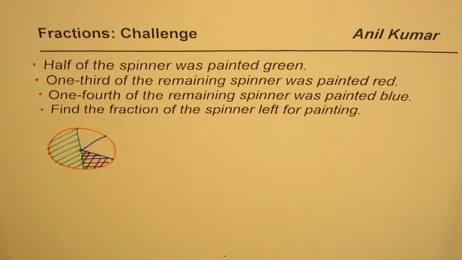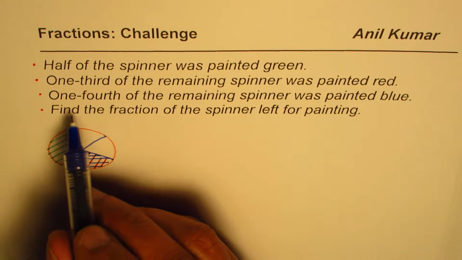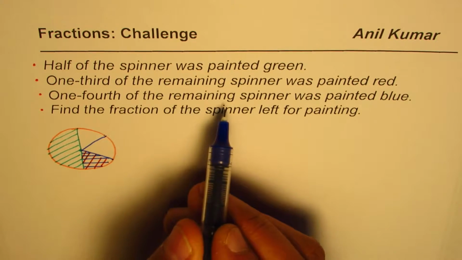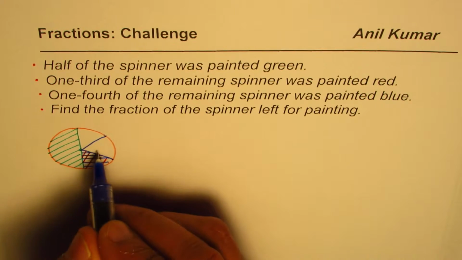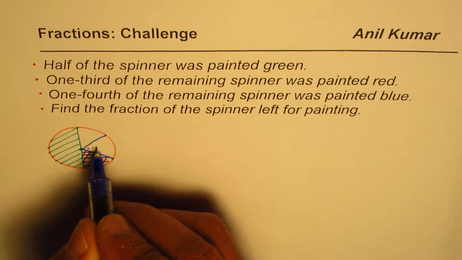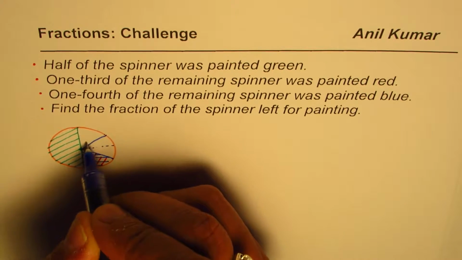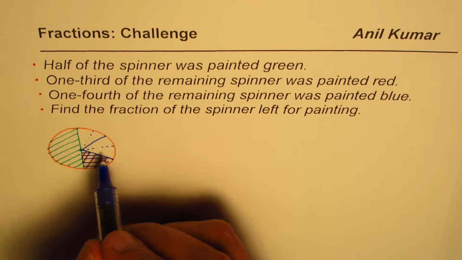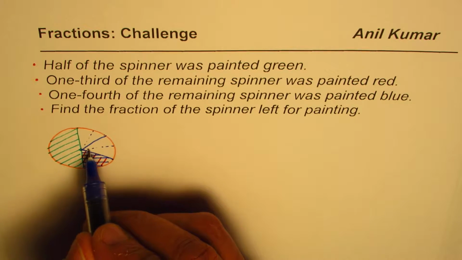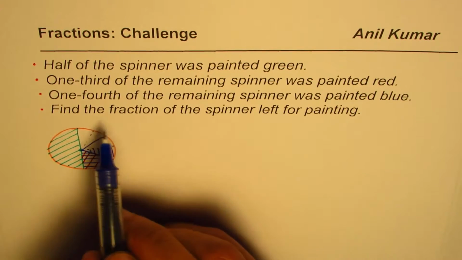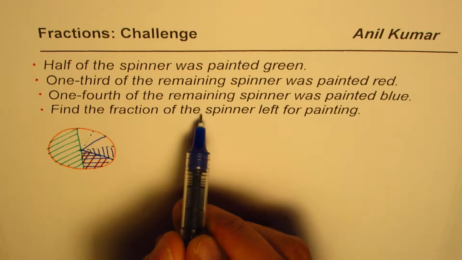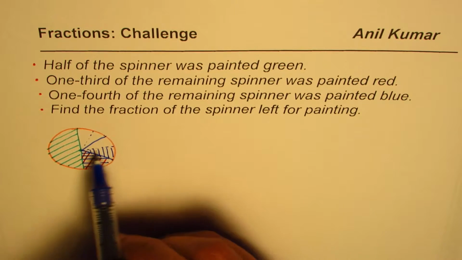1/3 of the spinner painted red. And now we'll look into the blue part, which is 1/4 of the remaining spinner was painted blue. So we get 2 equal parts. Let's divide them into halves, right? So 1/4. So we have 4 equal parts. So 1/4, let's paint them blue, right? Now the question is, find the fraction of spinner left for painting.